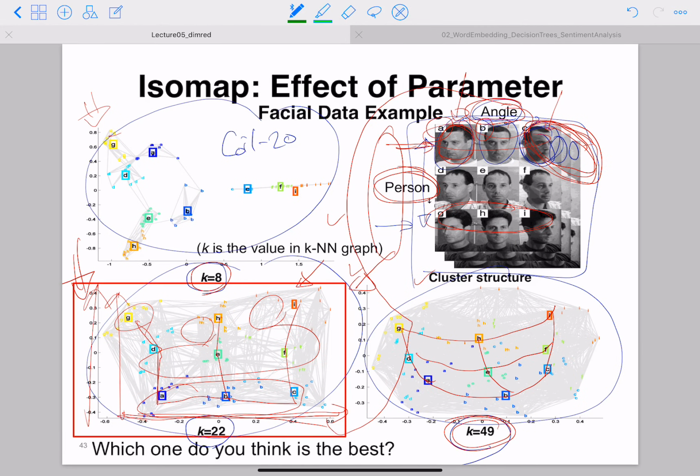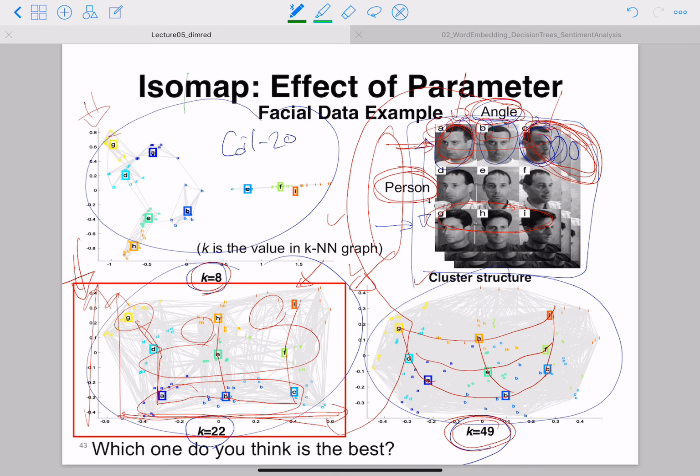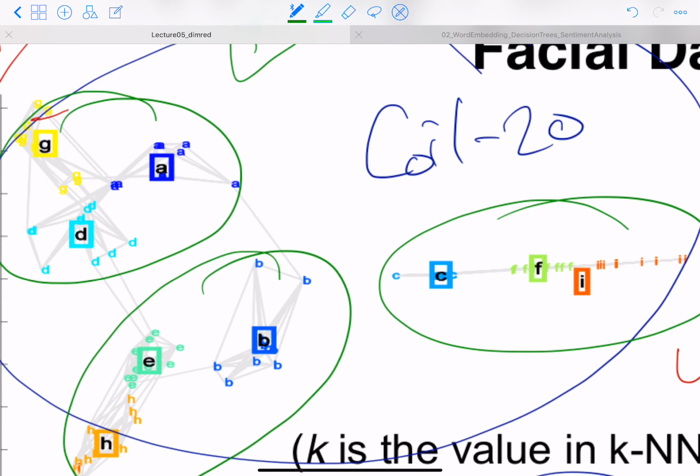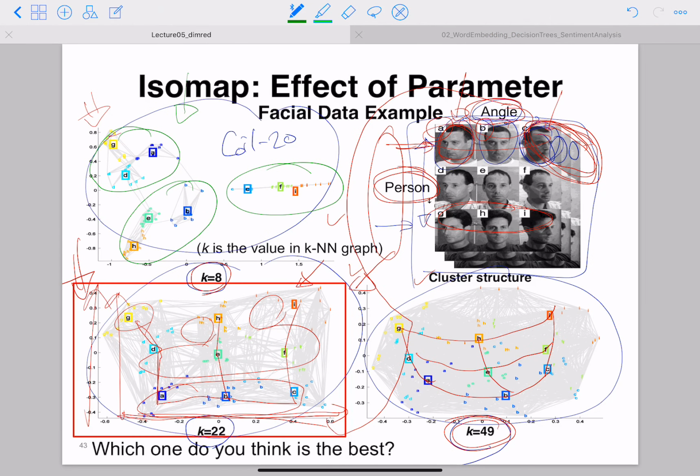In this small K example, we can roughly see some kind of cluster structure. What is forming our clusters? ADG over here, and BEH, so clusters are formed in this manner, right? So rather than the person ID, this angle is forming our clusters.